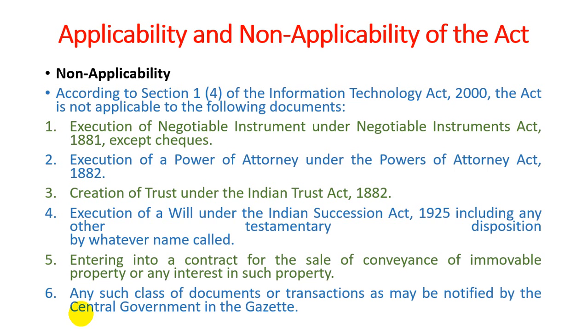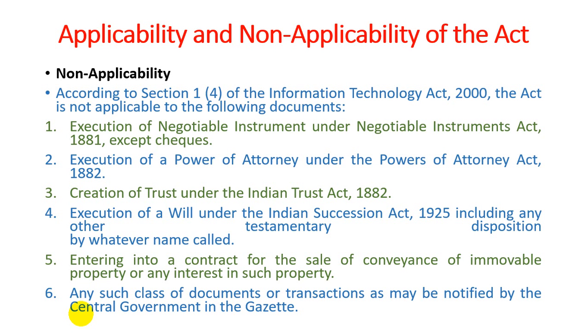And the last one, any such class of documents or transactions as may be notified by the Central Government in the Gazette. I will just give you an example. Your document is considered authorized or authentic if it has gazetted signs, but this kind of document is not acceptable under the IT Act rules, because only an authorized person can authenticate it.